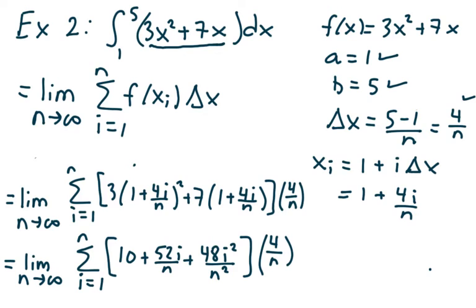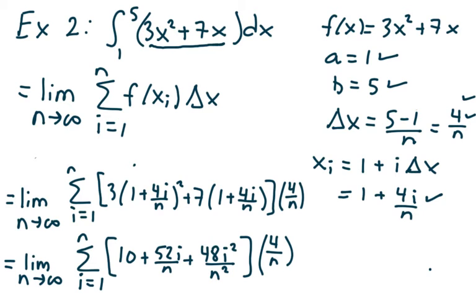x sub i is 1, that's the lower limit, plus i delta x. But delta x is 4 over n, so x sub i is 1 plus 4i over n. And I'm plugging 1 plus 4i over n in for x. And you can see this is what I get.